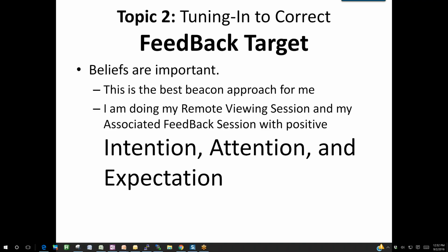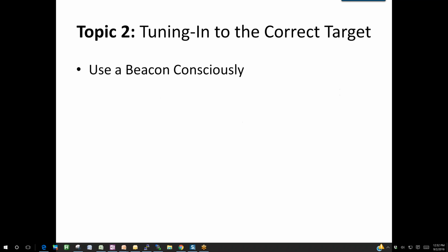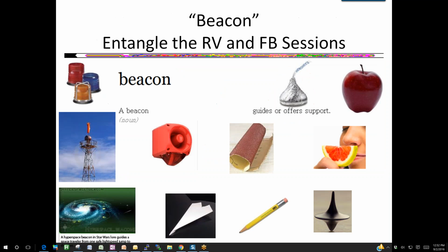I'm totally confused, and I'm very glad you're doing this session because your beacon concept, I think I get it in theory anyway, but I don't think I'm doing anything like that. Of course, I set an intention before I start, and the intention is the feedback target.